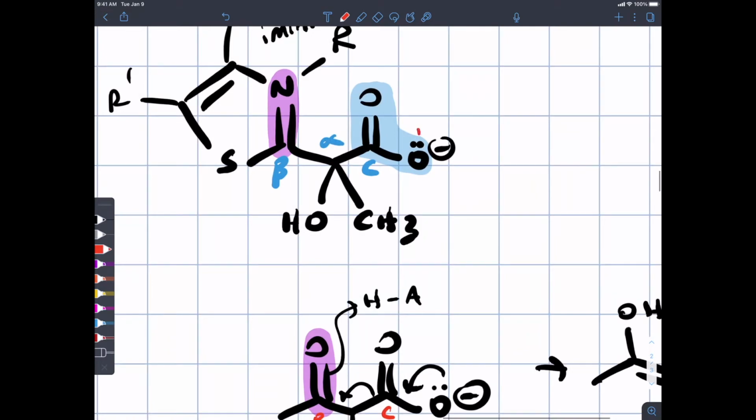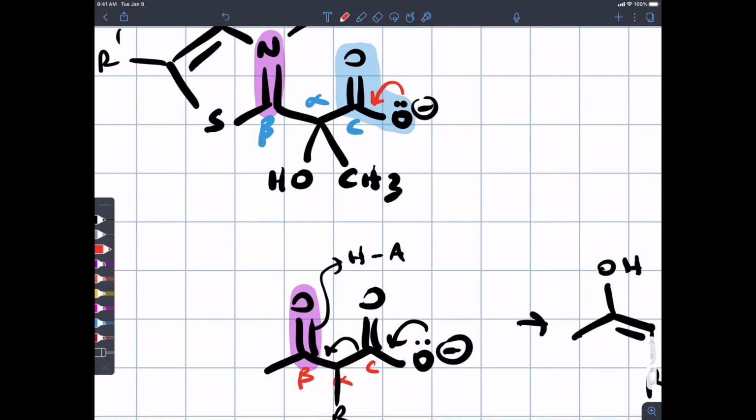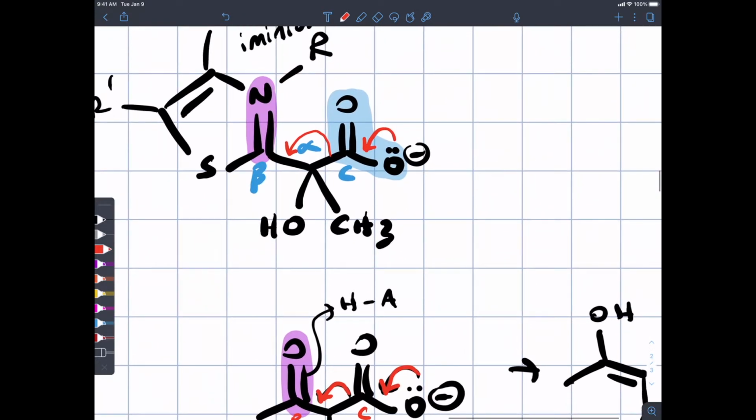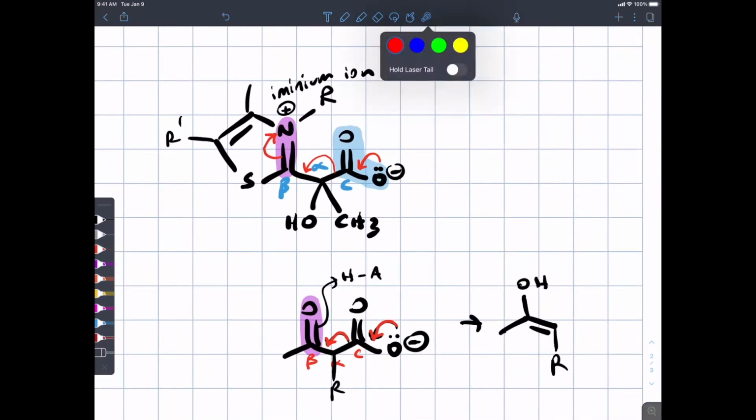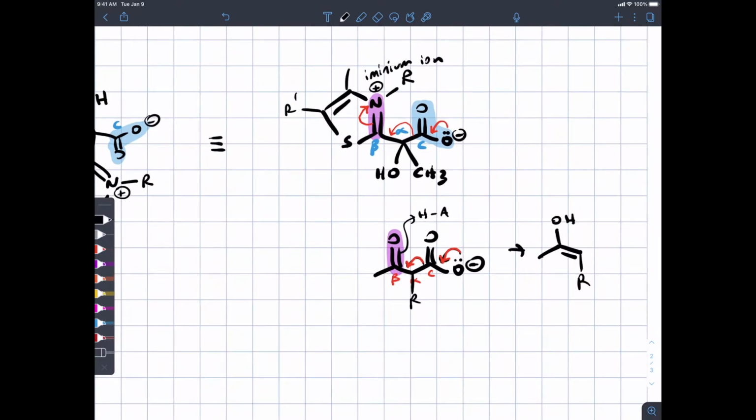So electrons kick down, and then just as we did for the beta keto acid, we're going to have electrons from the bond between carbonyl carbon and alpha carbon move over here to make a new pi bond between alpha and beta, and then we have to move these electrons up onto the nitrogen. The only difference here is we don't need to pick up a proton to get a neutral intermediate because that nitrogen's already positively charged.